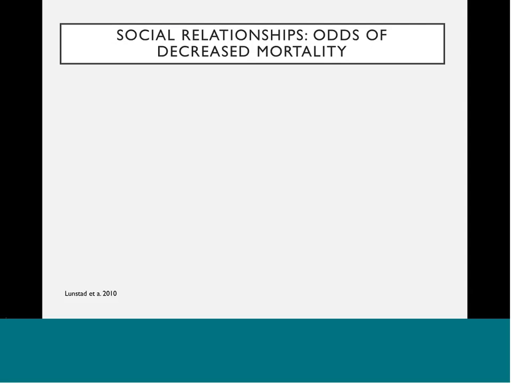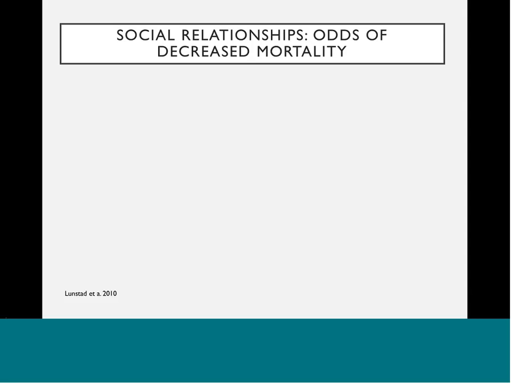Let me back up. I promised I would get to this. One of the most robust findings in the population health sciences is the robust linkage between social relationships and health. I wanted to give you a sense of the magnitude of those relationships.